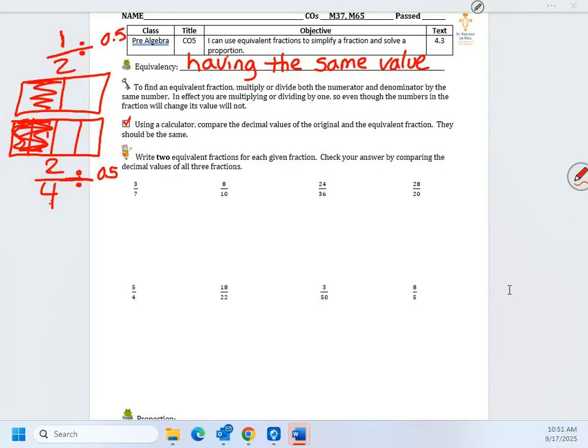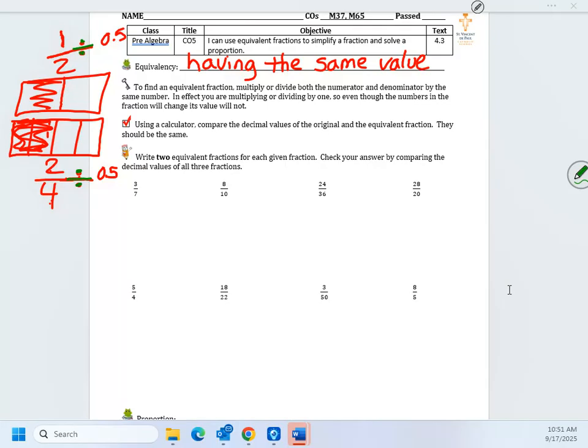We know they are equivalent, because when I divided my numerator by my denominator, I got the same decimal. So that's how you check that equivalency with fractions. That's how you can check on your calculator. So big thing to remember is that fraction bar means that we divide numerator divided by denominator.